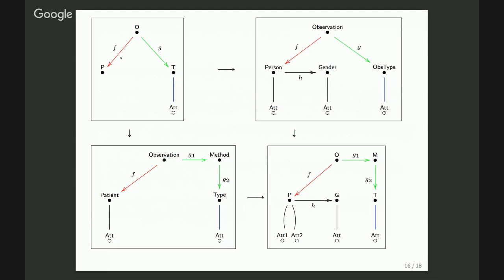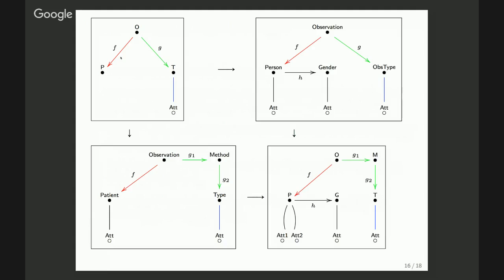And G, the edge from O to T that is green in the upper left, goes to the path G1 followed by G2. So observation goes to method by G1 and then to type by G2. And that attribute hanging off of T, the text that describes the type, blood pressure, body weight, what have you, also goes to that attribute in blue down there on the lower left.